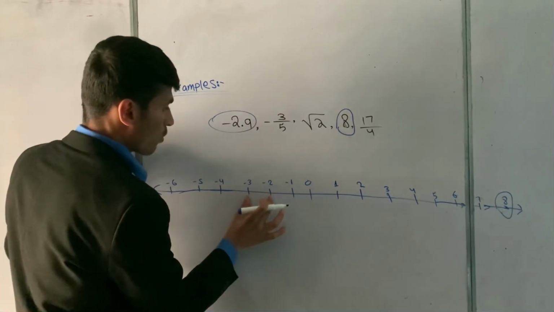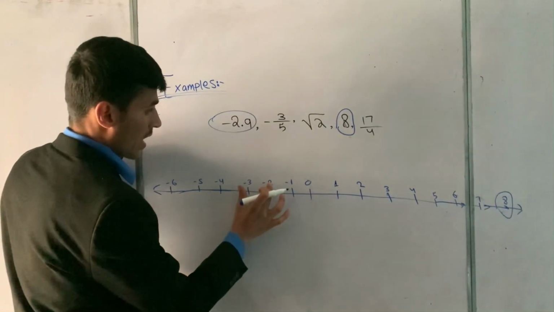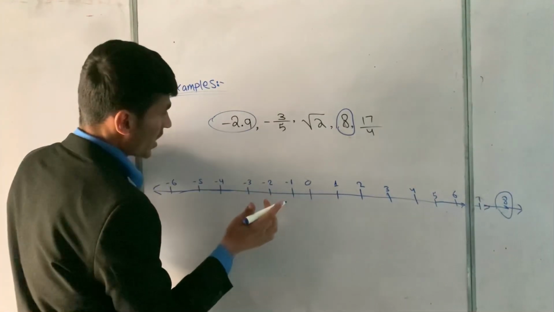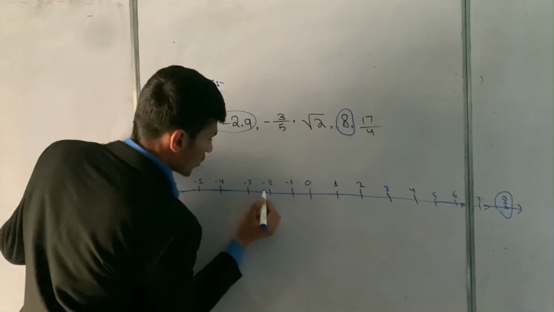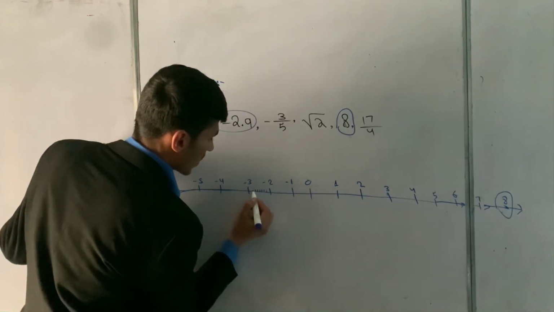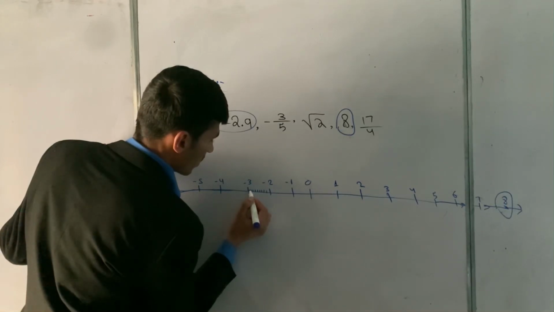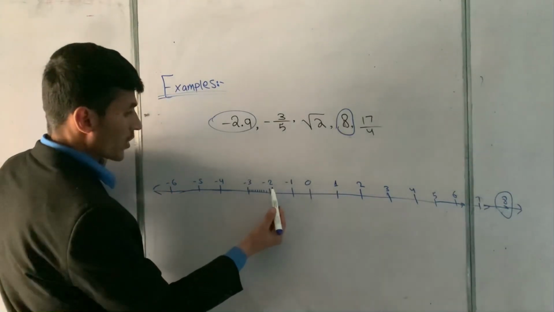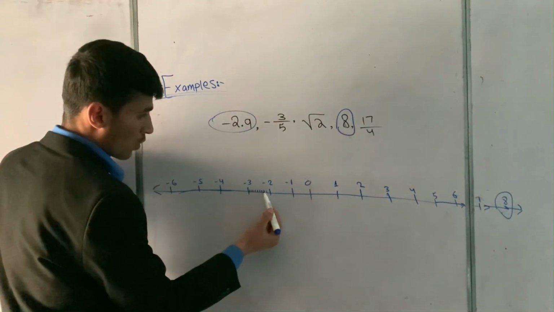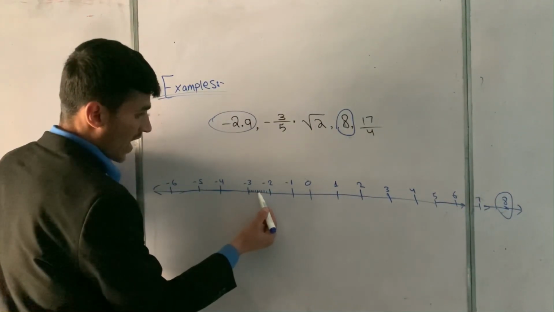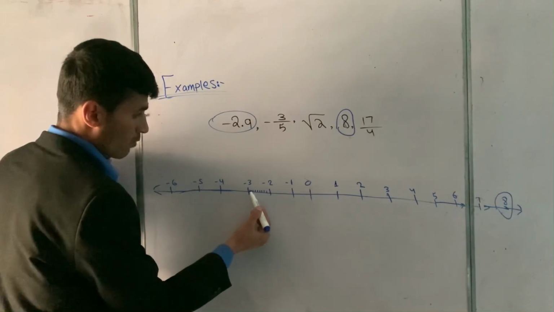Just divide this portion between 2 and 3 into 10 equal divisions: 1, 2, 3, 4, 5, 6, 7, 8, 9, then 10. Here 2.1, 2.2, 2.3, 2.4, 2.5, 2.6, 2.7, 2.8, 2.9.